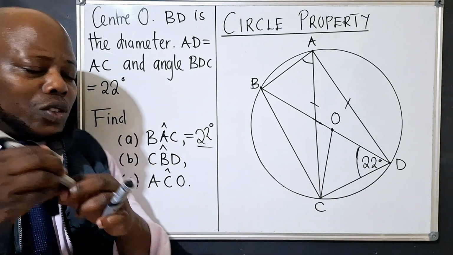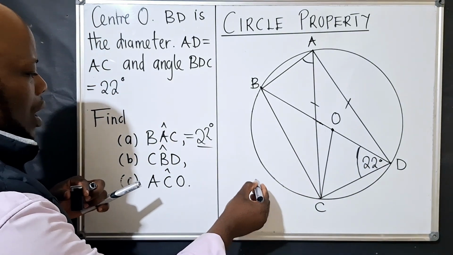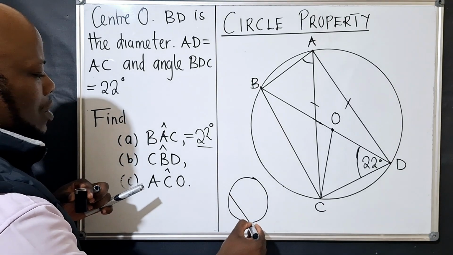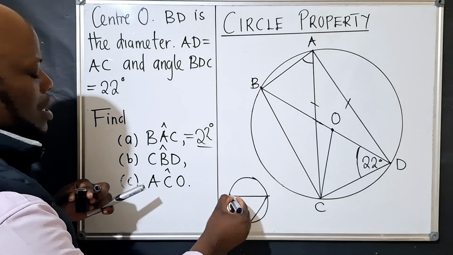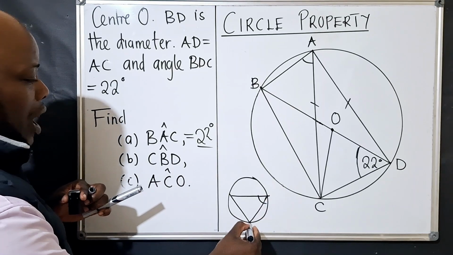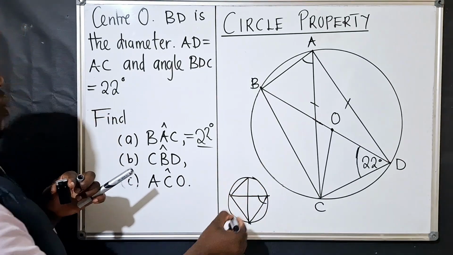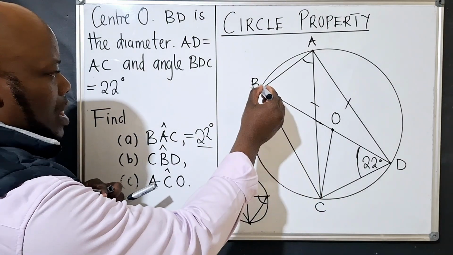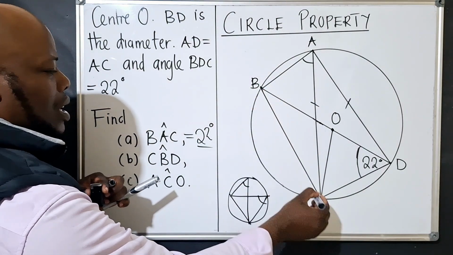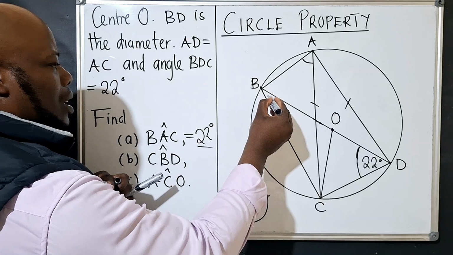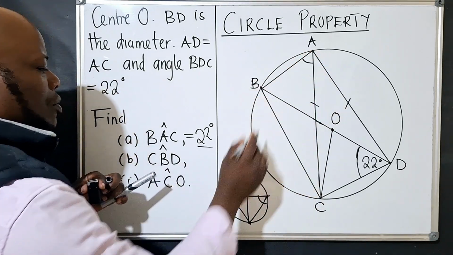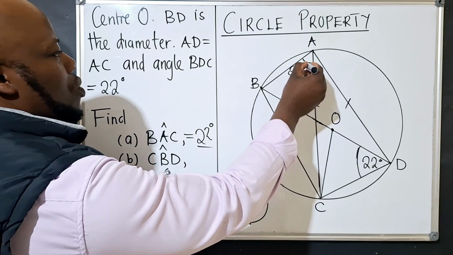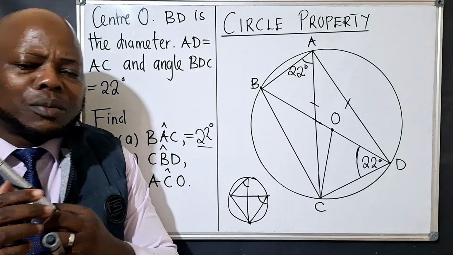Let me show you something. When you've got a circle like this, you've got a chord. There is this angle which is formed right here. Can you see this angle? If another angle is formed right over here, this angle will be equal to this. And this is what I'm using. They are all coming from the same segment, touching the circumference. So the angle here will be equal to the angle here, which is 22 degrees, just like that.